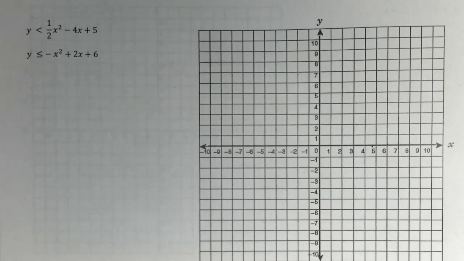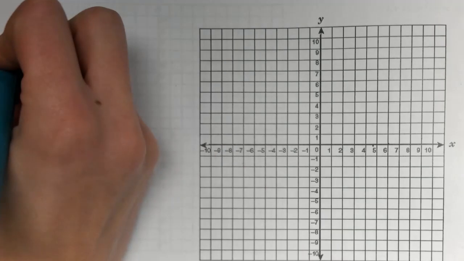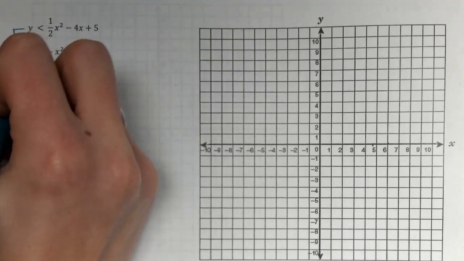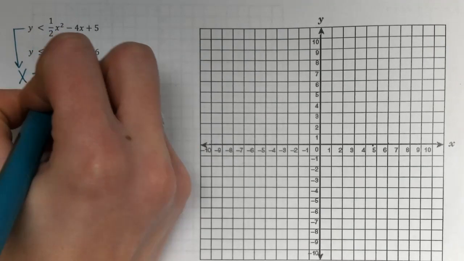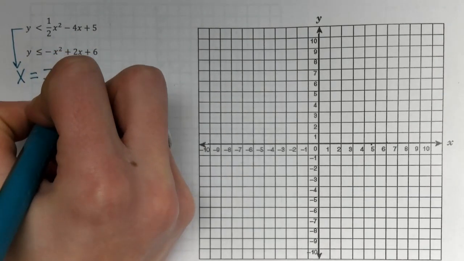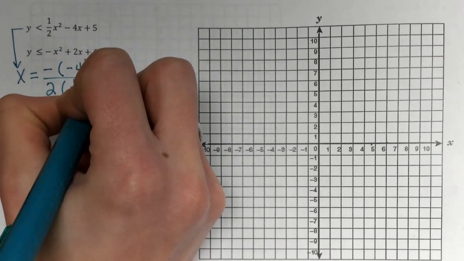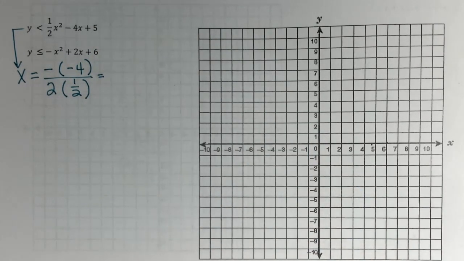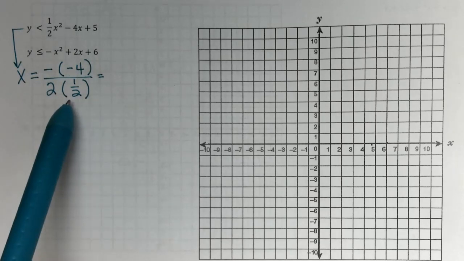So now we've got y is less than 1/2 x squared minus 4x plus 5. When we do the x value of our vertex, we have x equals negative b, plug in a negative 4 for your b, all over 2 times 1/2. So that's going to be negative negative 4, which is positive 4. 2 and 1/2 is 1.